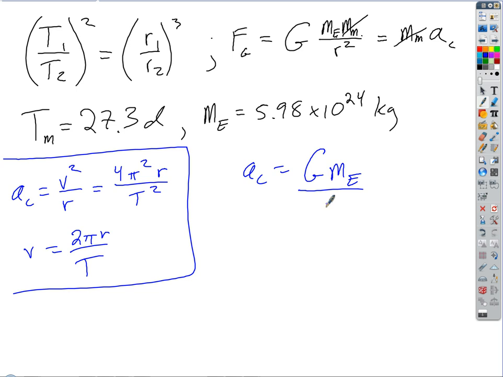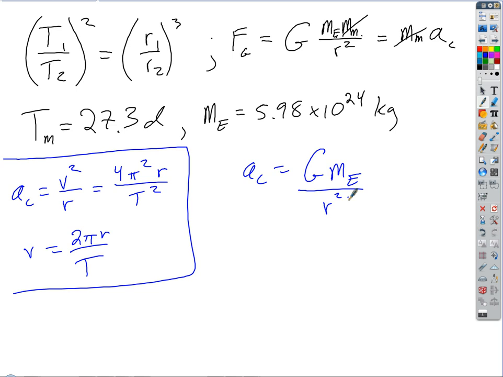That's what we're trying to find, isn't it? So which version of centripetal acceleration are we going to use? We want to use the one with a t in it, right?